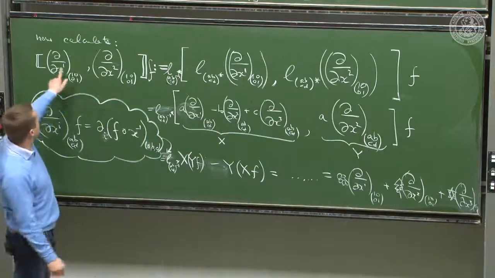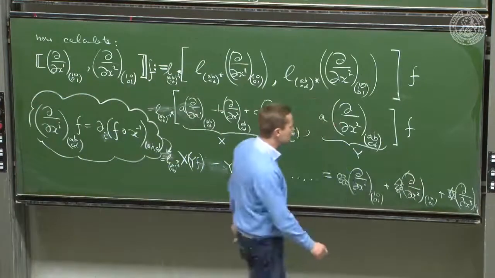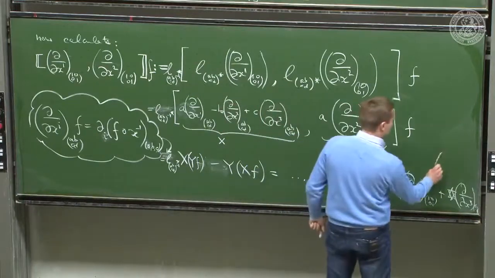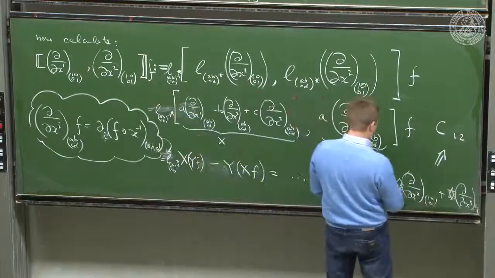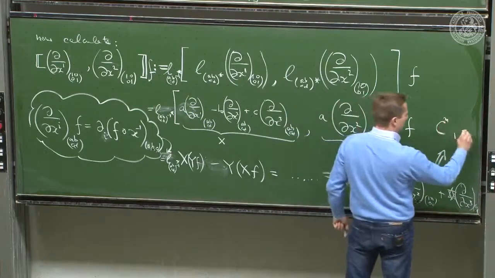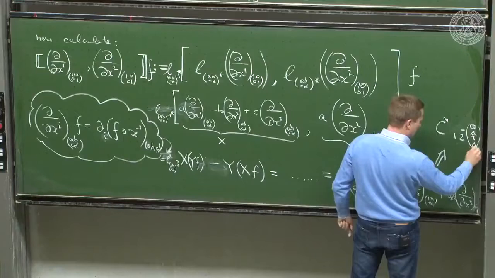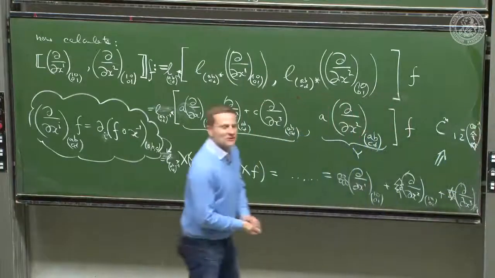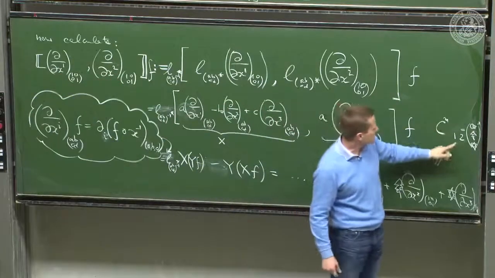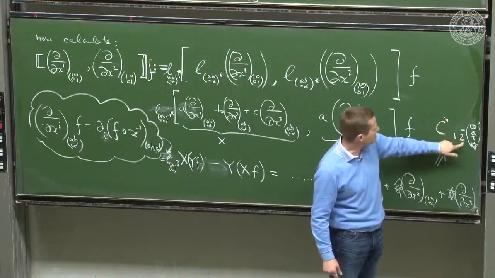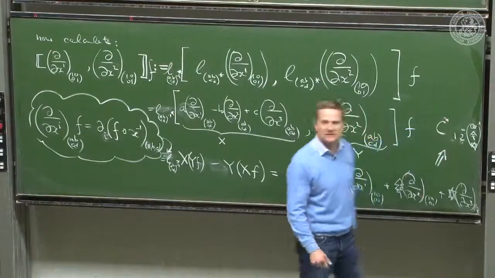Because we did this for 1 and 2, and of course, what you read off from these coefficients are the structure coefficients C^m_{12}, the mth component. So from this calculation, with the first and the second here, you get these structure coefficients: C^1_{12} is flower, C^2_{12} is pine tree, C^3_{12} is star.